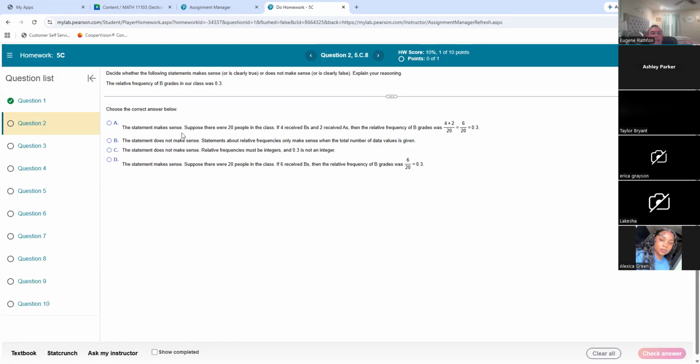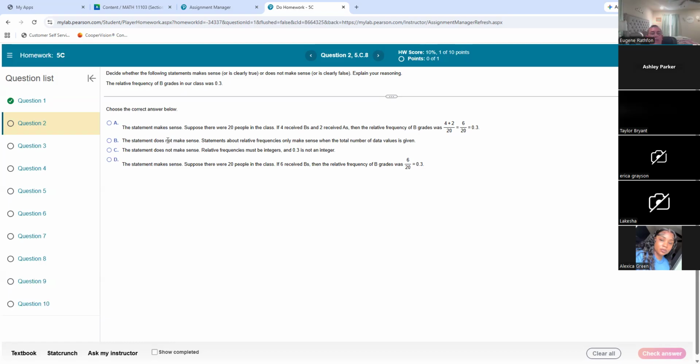So let's look. A says it makes sense. There's 20 people. If 4 had B's and 2 had A's, then the frequency of B grades was 4 plus 2 over 20. Well, that's wrong, because if you're looking at the relative frequency of B grades, you wouldn't even add the A grades in that, okay?